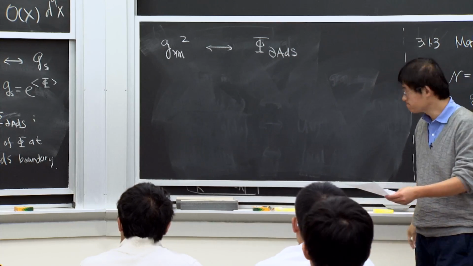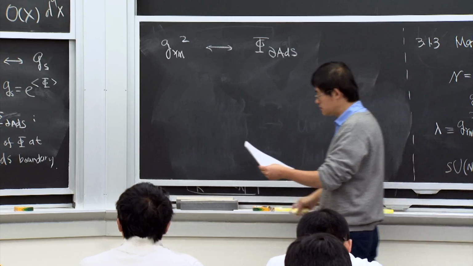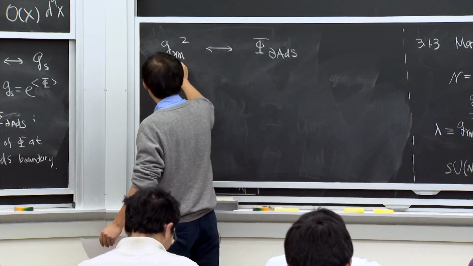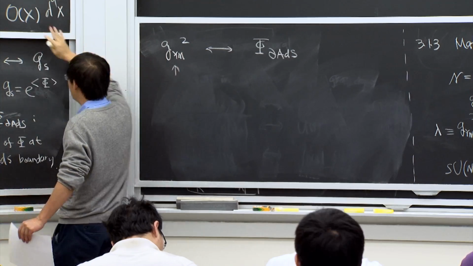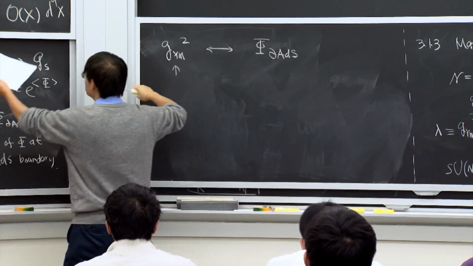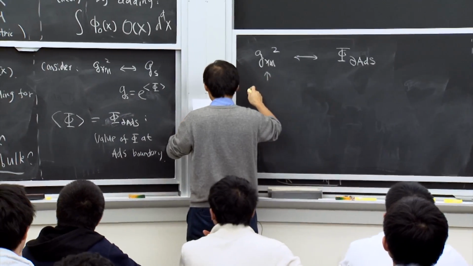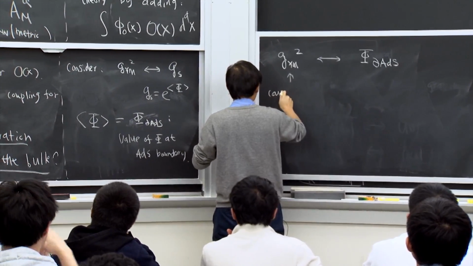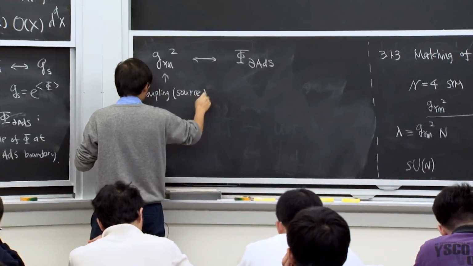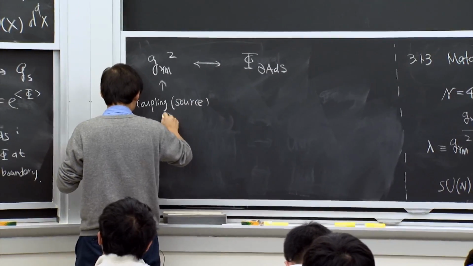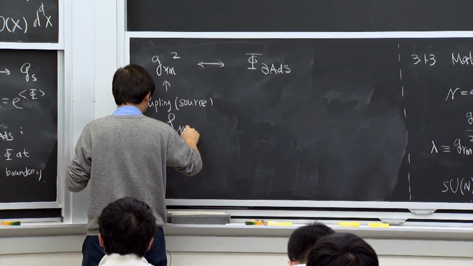And now remember this Yang-Mills coupling, I will not be careful about the 1 over Yang-Mills squared, this is the coupling or source for the Lagrangian of N equal to 4 super Yang-Mills theory.